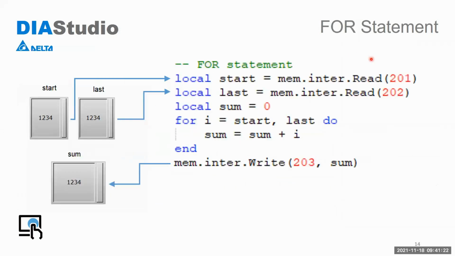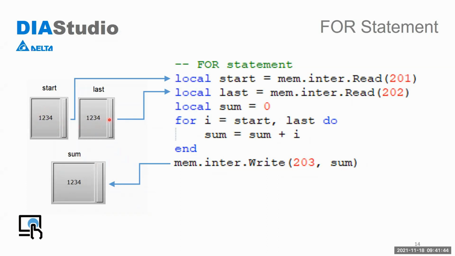Next statement, the for. How does it work? In this case, it's a loop type statement. In this example, we have a couple of numerical entries where we put two different values, and what I want to show is the sum of all the integer numbers between this one and this one.